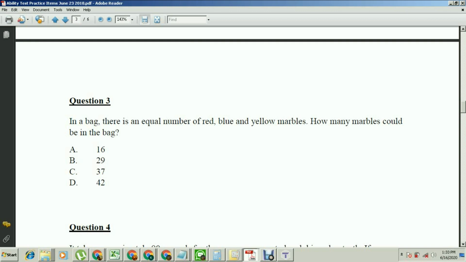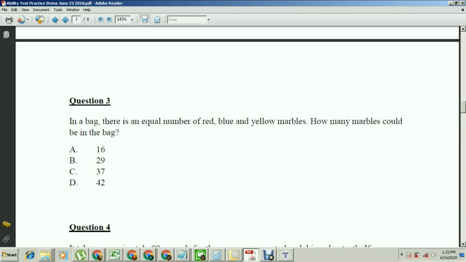Dividing by 1. Any whole number can be divided by 1. Dividing by 2. This is something you should know. If it ends in 0, 2, 4, 6, or 8, it's divisible by 2. Dividing by 3, if the sum of the digits within the number is divisible by 3, then that number is divisible by 3.